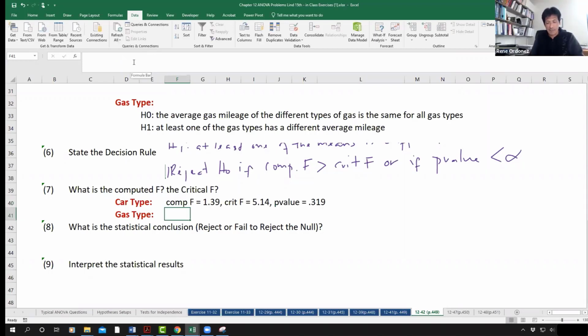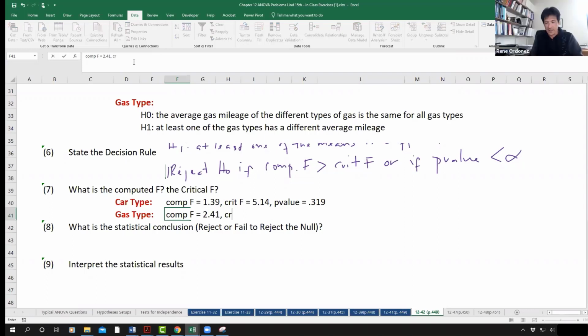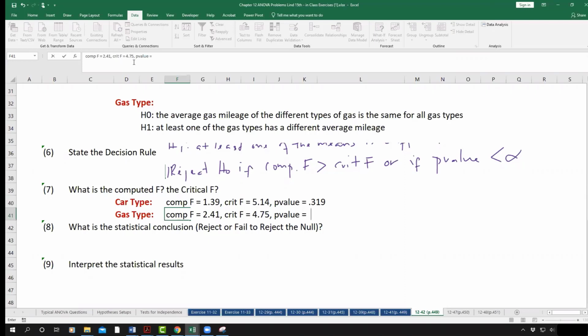And then for the gas type, what's the computed F? 2.41. Okay, thank you. And then the critical F? 4.75. Thank you. And then the p-value, again, is this a number that's going to be bigger than 0.05? 0.165. All right, good, thank you.